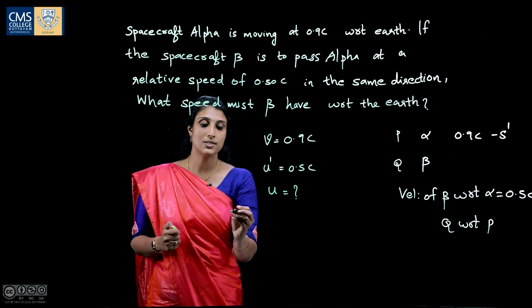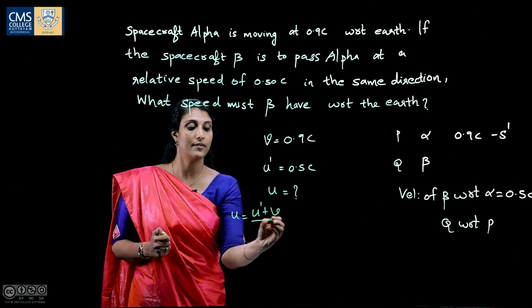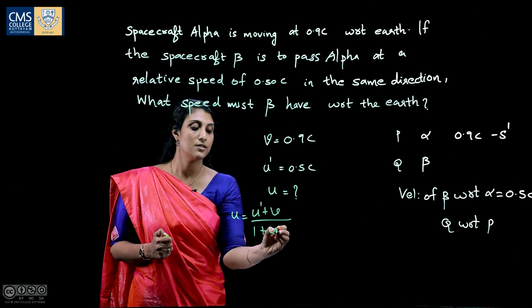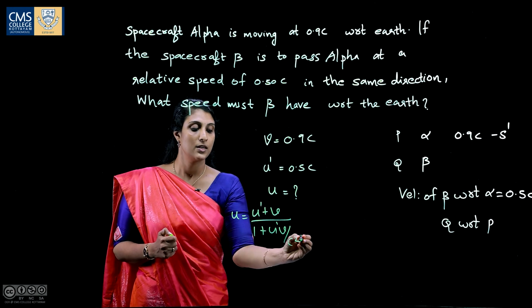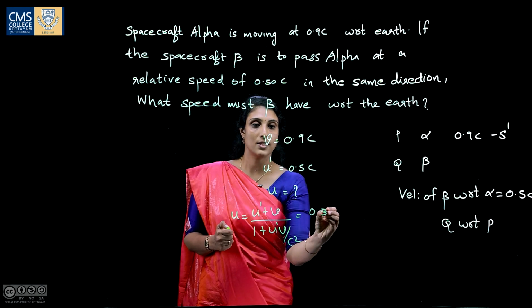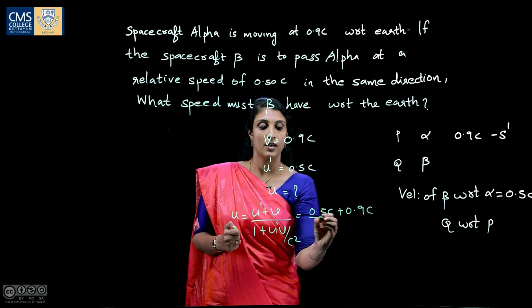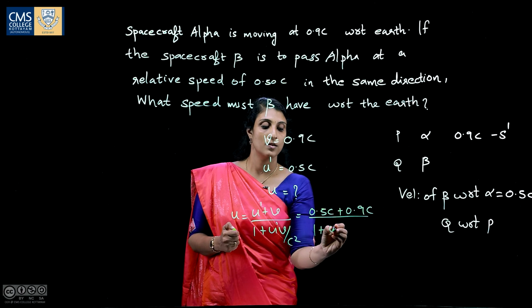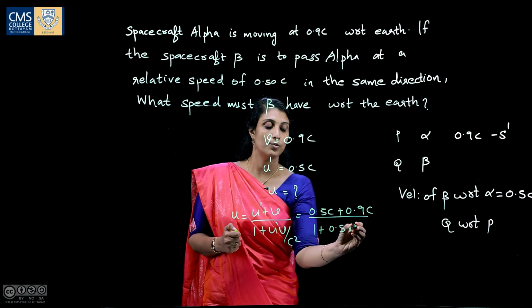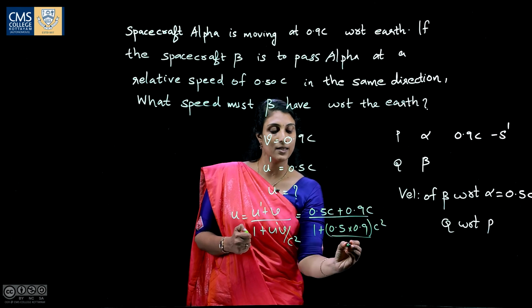So u equals u dash plus v divided by 1 plus u dash v by c square. That is 0.5 c plus 0.9 c divided by 1 plus 0.5 into 0.9 c square by c square.